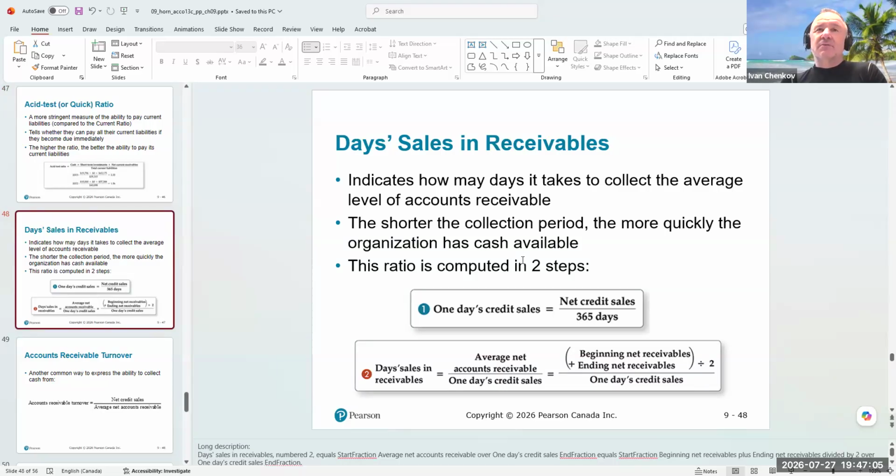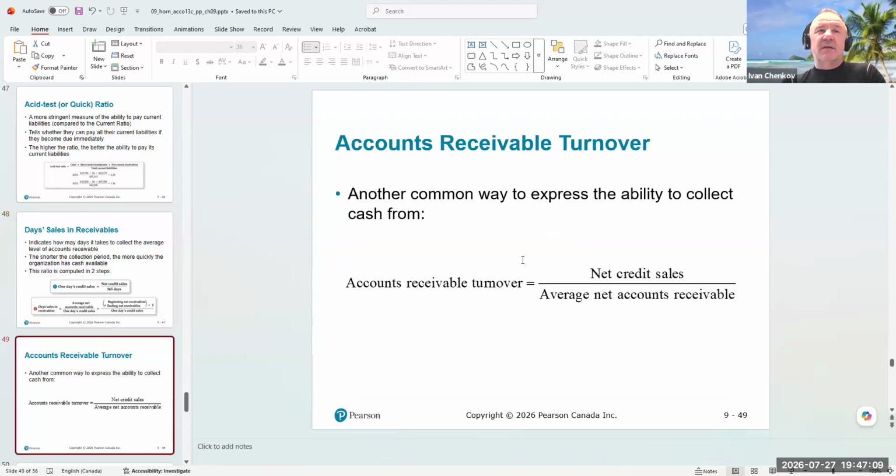Now, the next calculation will be days sales in receivables and accounts receivable turnover. I'm going to spend more time on accounts receivable turnover because that's an interesting number. You calculate it from the net sales on credit, because if the sales are not on credit, if the sales are on cash, then there's nothing to collect.